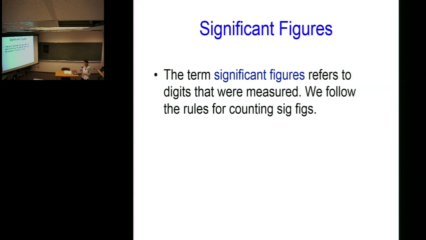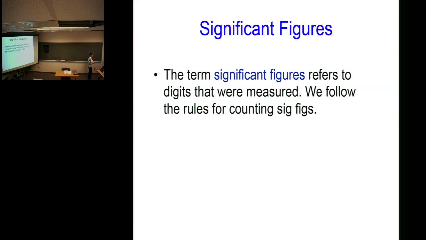Now, we're going to follow these rules for counting significant figures. Significant figures are not the same as decimals. Don't think they are. That's just going to confuse us. Why do we have them?